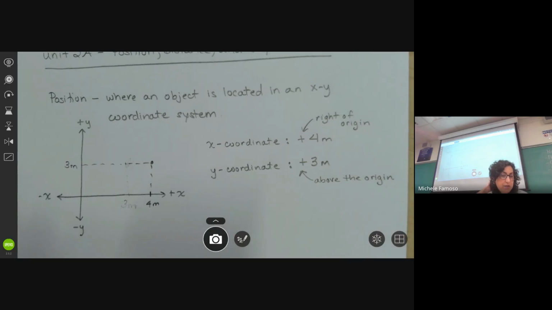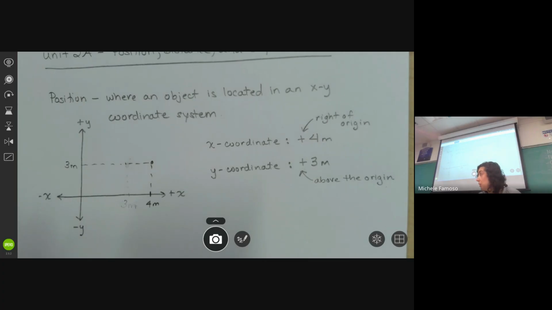So when I ask for an object's position, you're going to have to tell me in what direction you are from the origin. If you just said you were located 4 meters for your x coordinate, I wouldn't take that. What does 4 meters mean? It means you're 4 meters away from the origin, but you didn't tell me you were to the right of the origin.